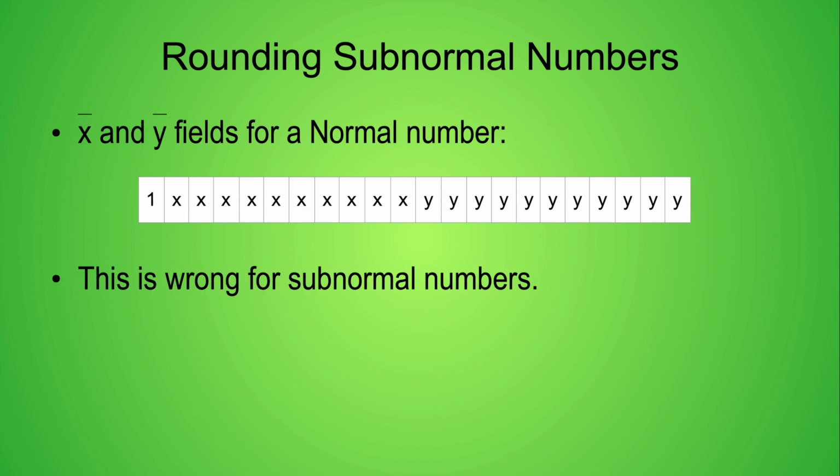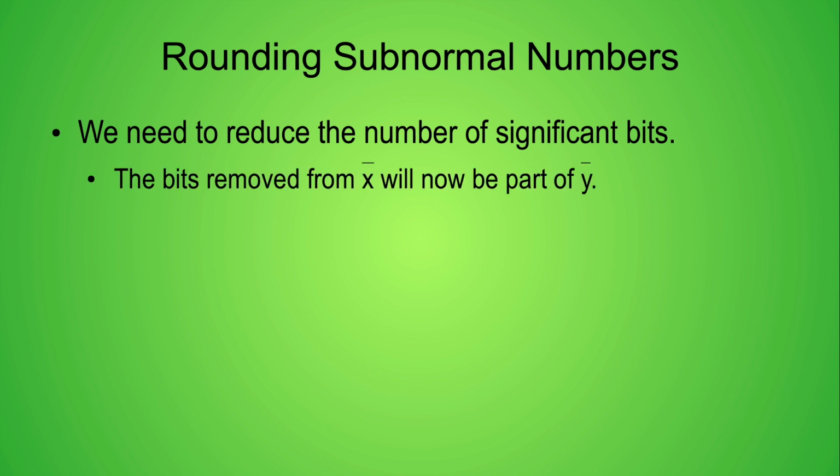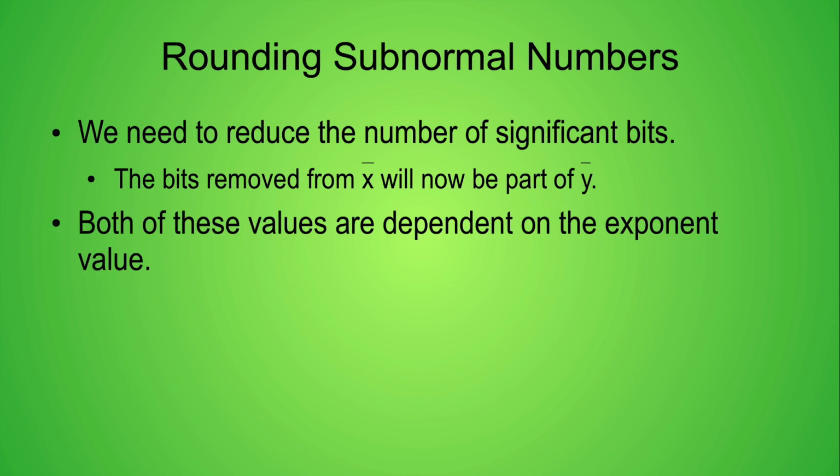These definitions of x bar and y bar are wrong for subnormal numbers. For subnormal numbers, we need to add at least 1 leading 0 bit. We need to reduce the number of significant digits so x bar will be smaller. The bits which x bar loses will be added to y bar.